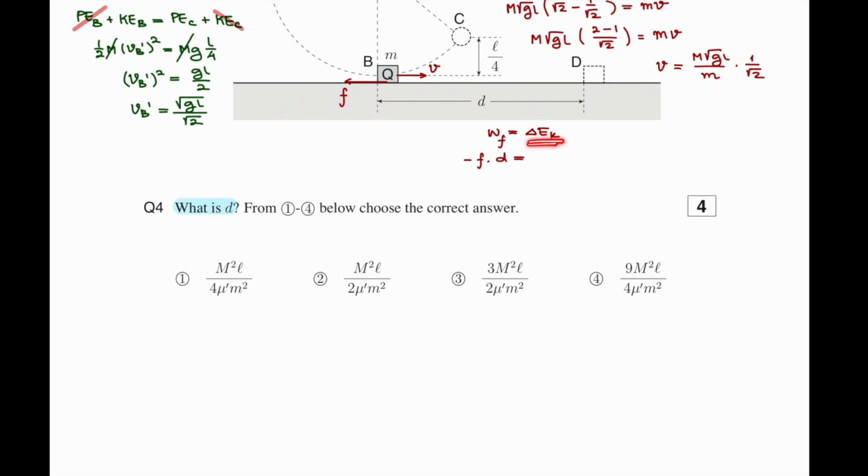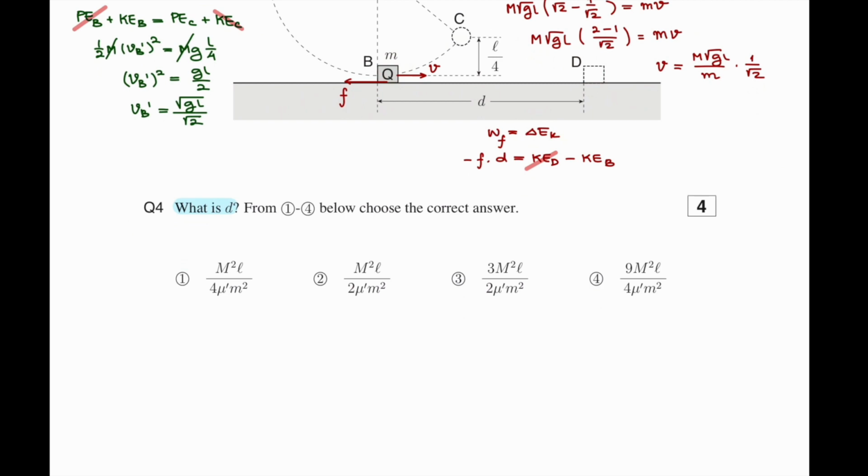is equals to the change in kinetic energy, which means kinetic energy at final position, which is D, minus kinetic energy at initial position, which is B. Of course, kinetic energy at D is equals to 0 because the object is at rest at position D. That means the speed of the object is equals to 0, then the kinetic energy is also equals to 0.